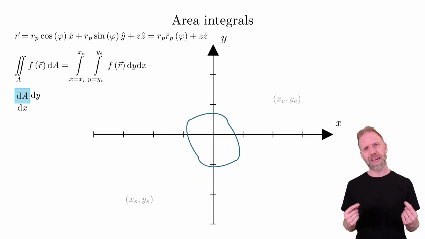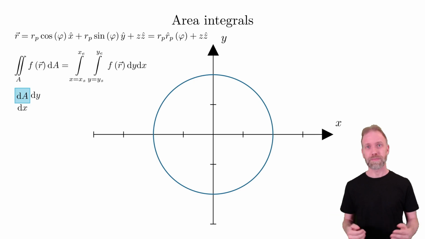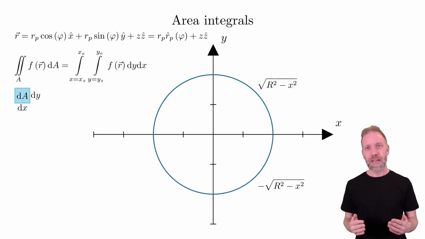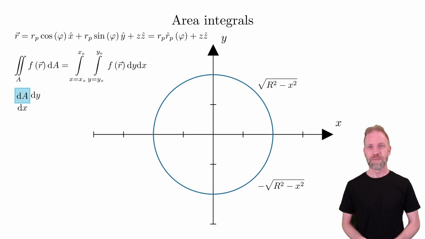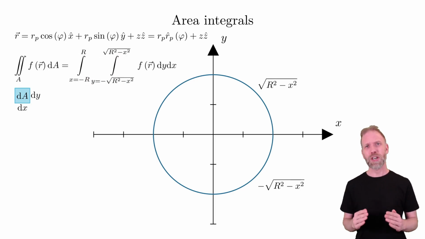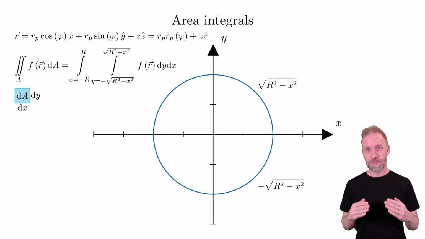But what if our domain instead is a circle? We did show in the previous video that we can still do this one in Cartesian coordinates by using functions as limits. We can insert expressions in the inner integral. Here we go between minus square root of r squared minus x squared to plus the same expression.